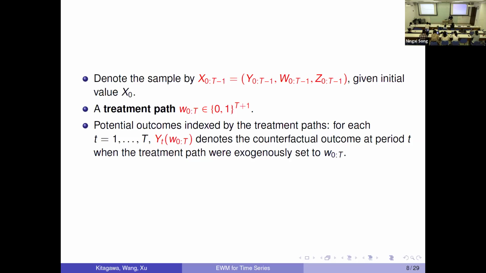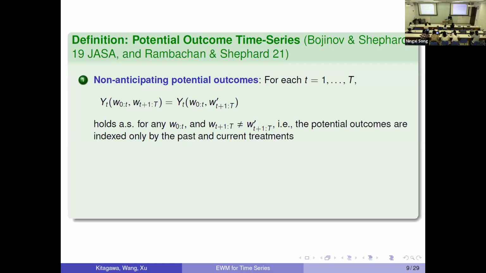The potential outcomes indexed by this treatment path are given by this expression: Y_t bracket, the treatment path, not only a single treatment but the treatment path. Clearly, if we have T periods, all the possible treatment paths number 2 to the power T, and therefore we have a lot of treatments. Of course, we cannot deal with that many choices. We have to do some sort of truncation.